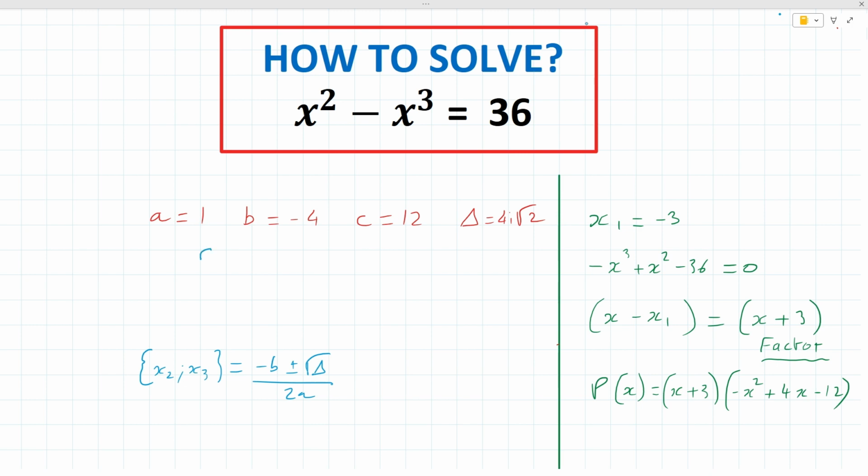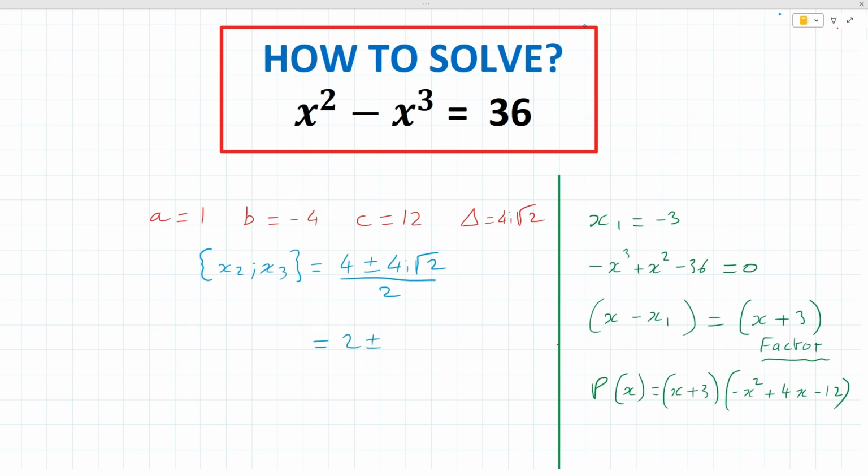So to finish this question nicely, we can say that x2 and x3 are going to be minus b, so you see the b value is negative 4, so minus b is going to be 4, and then plus or minus 4i root 2, which is the square root of delta, so this is using the quadratic formula, 4i root 2 divided by 2a, so in this case that is 2, and so dividing everyone by 2, we can say that that's equal to 2 plus or minus 2i root 2.